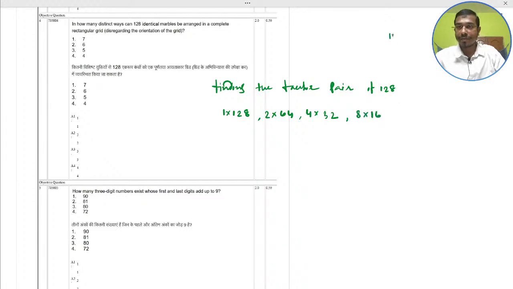Thus, there are 4 distinct ways to arrange the marbles in a rectangular grid. Answer would be 4, option 4. Simple question. Next question.